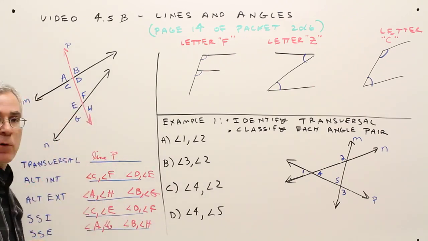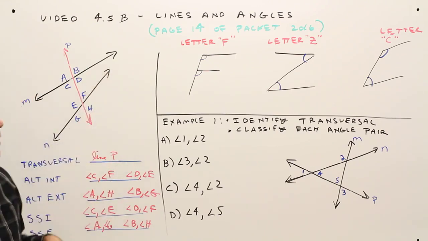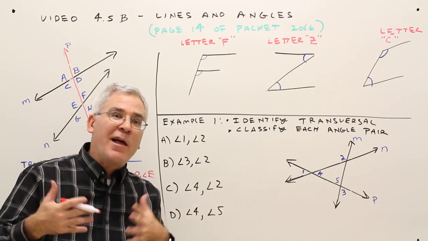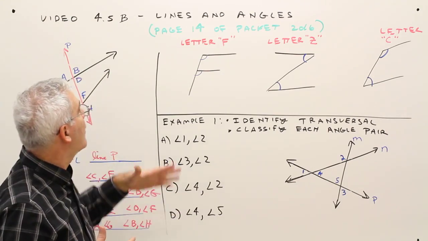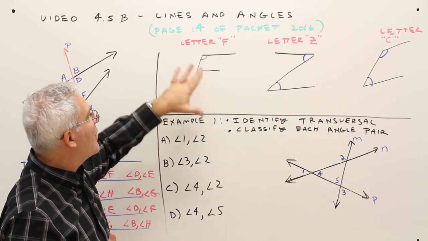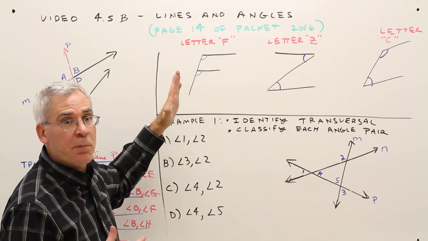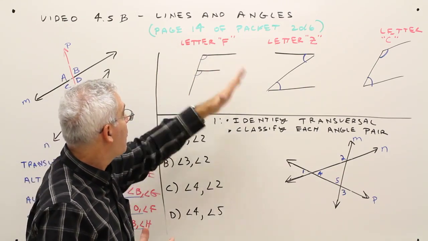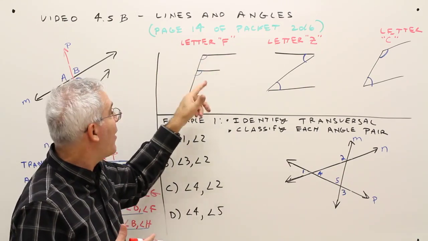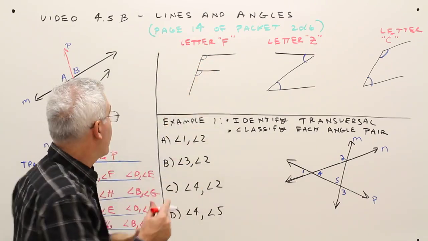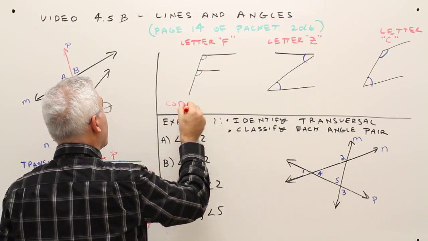Okay, and they didn't ask for corresponding. Over here, just a way to help you identify certain angles. Over here, this kind of resembles the letter F, and these angles will be corresponding. The same relative side to the right of the transversal and below the lines. So these will be corresponding.